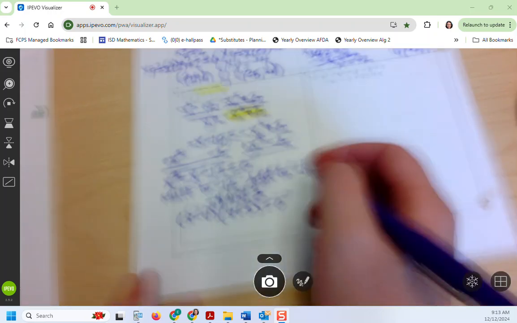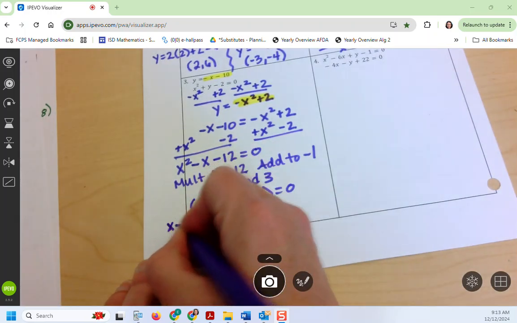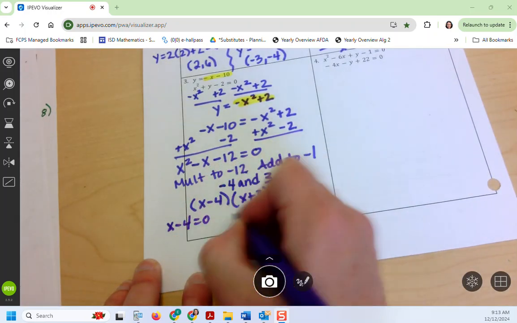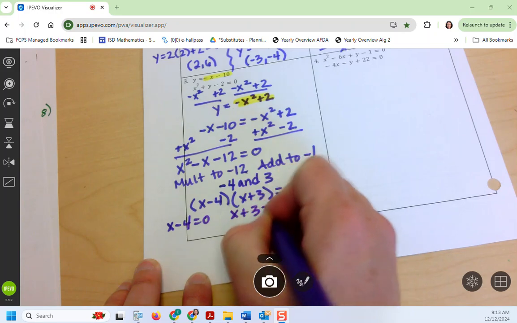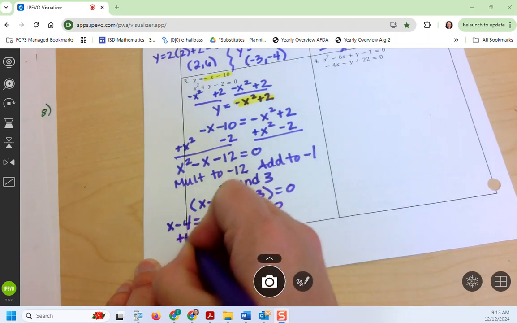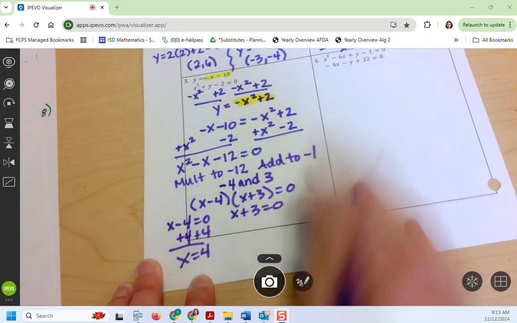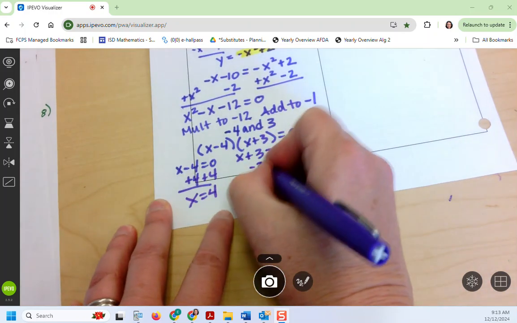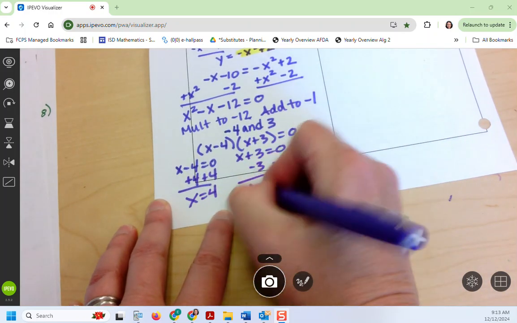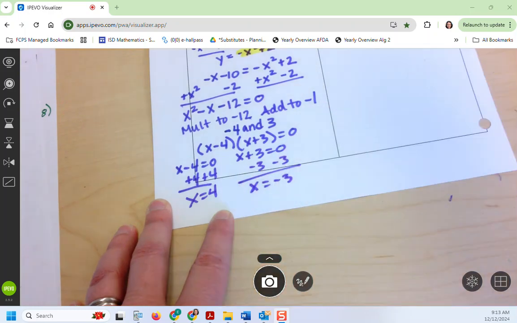All right, set each one equal to 0 and solve. So I get x equals 4.